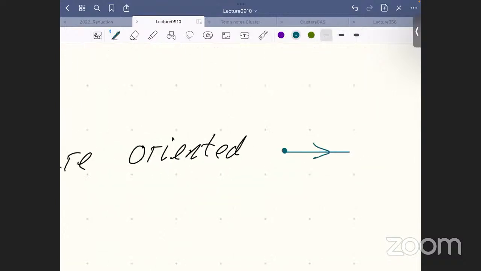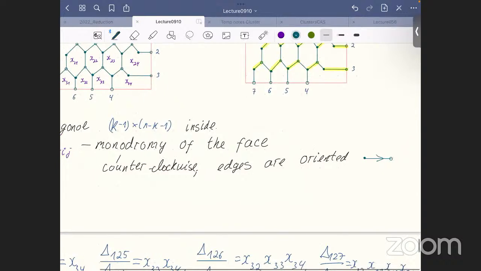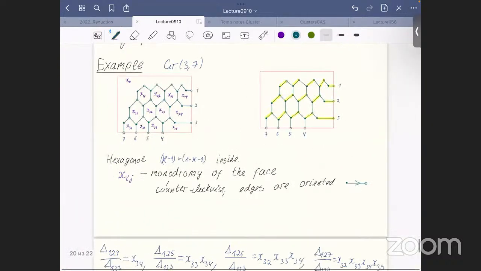I'm not 100% sure that this agrees with some convention which I had before, but whatever. And for these variables, we have the cluster Poisson bracket.